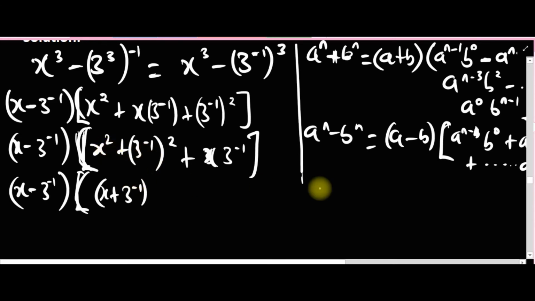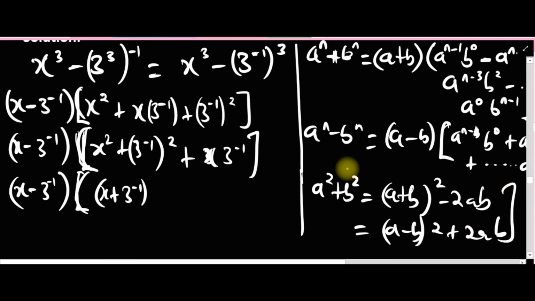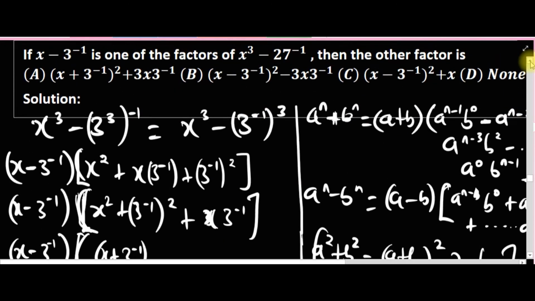As for the second factor, maybe you remember the formula for addition of 2 squares, no need of wasting time. Instead of wasting time to make it this way, we could remember this is a plus b squared minus 2ab, or it could be a minus b squared plus 2ab. So either is correct. The best thing is to use our options.